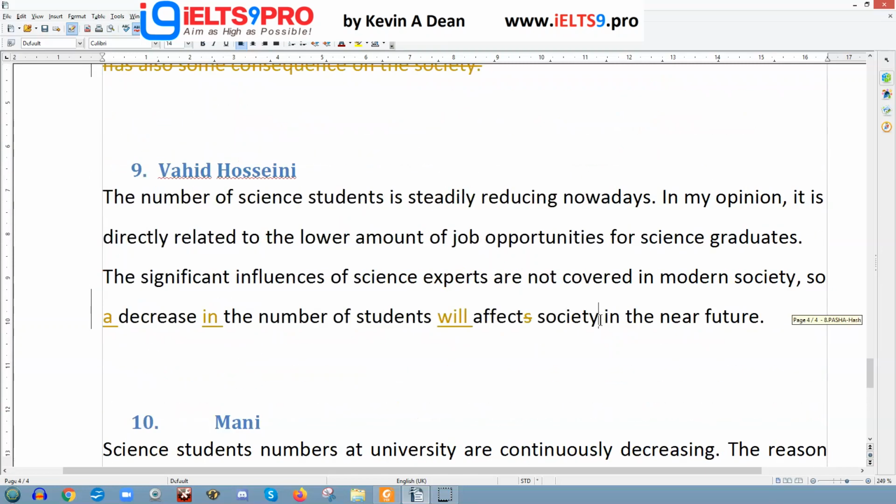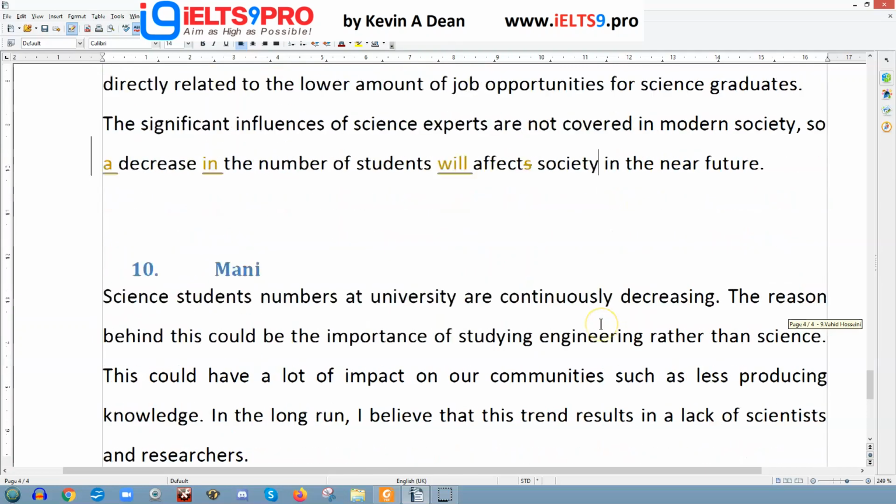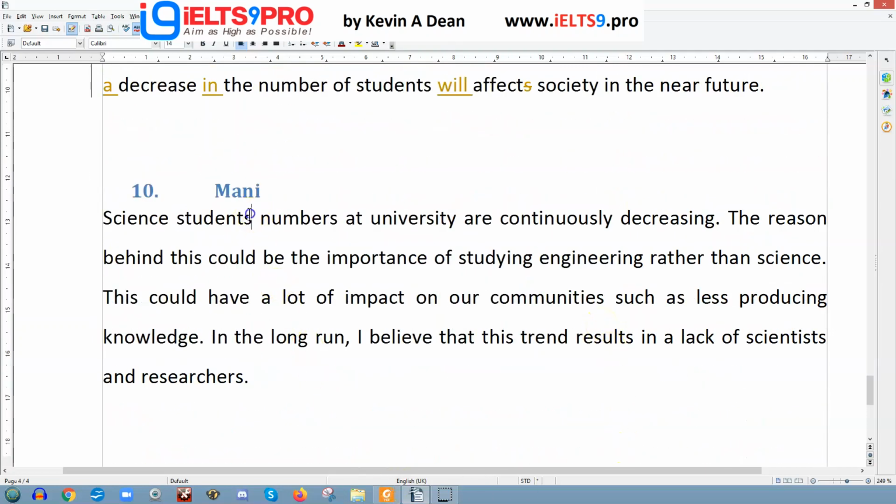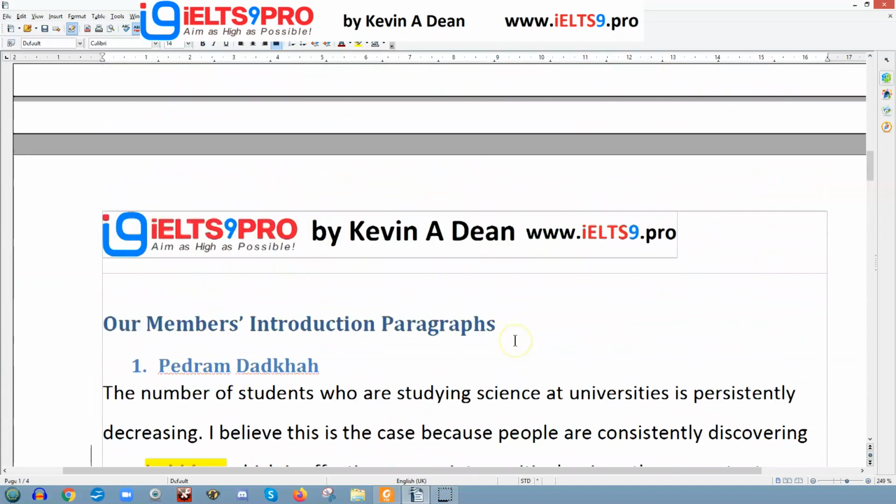Sentence 1, we state the topic. Sentence 2 or 3, also 2, if you want to do it as I did, answer the questions. Where's it going? Science student numbers, university, are continuously decreasing.